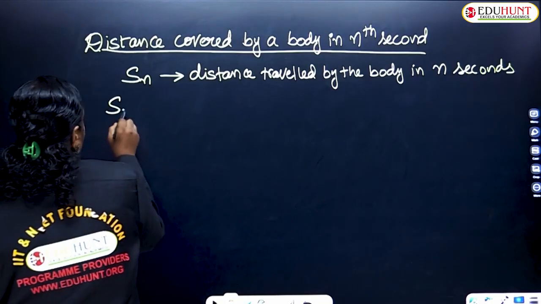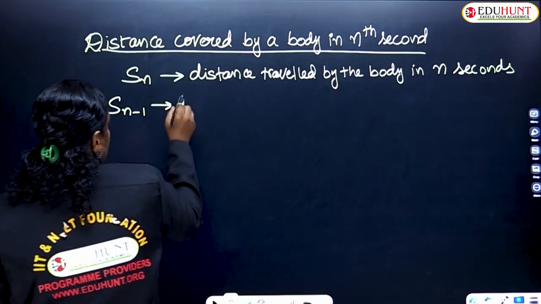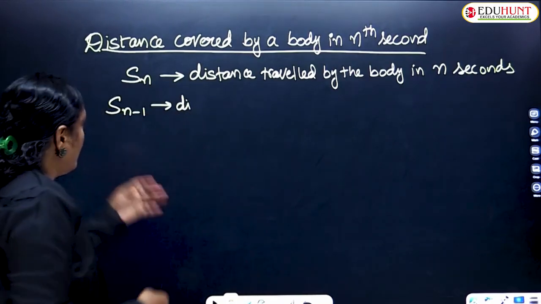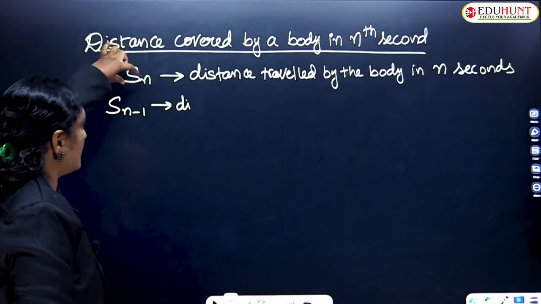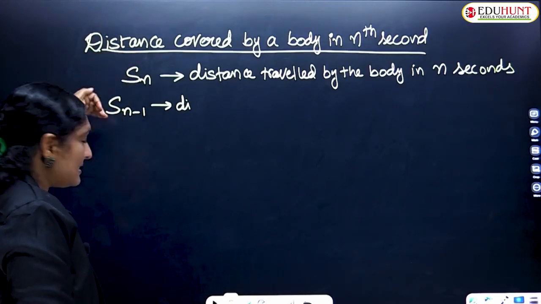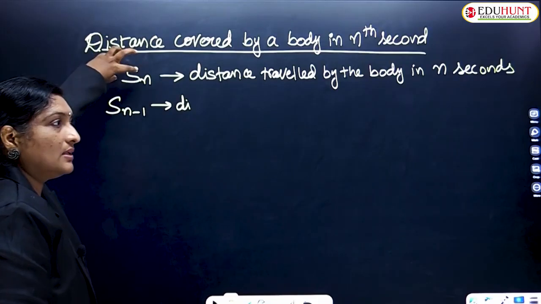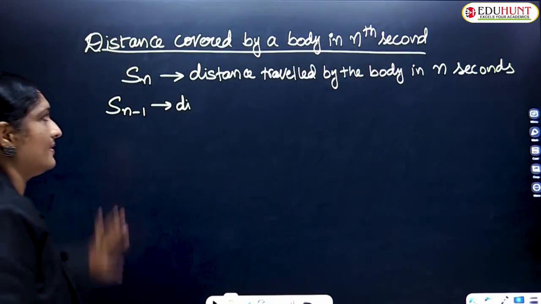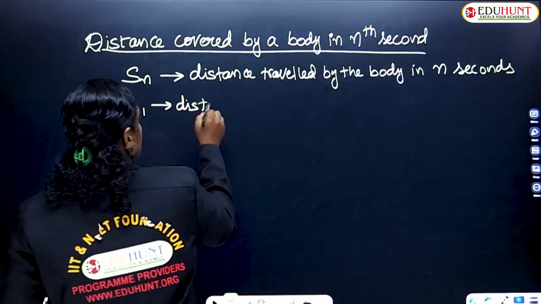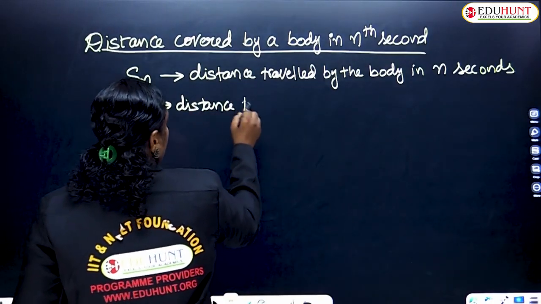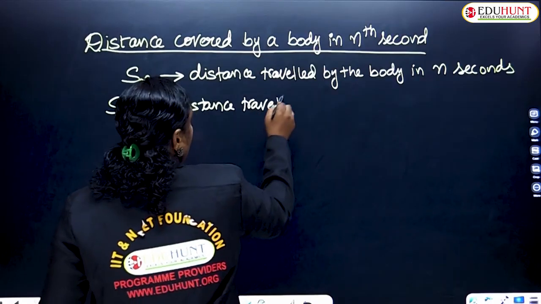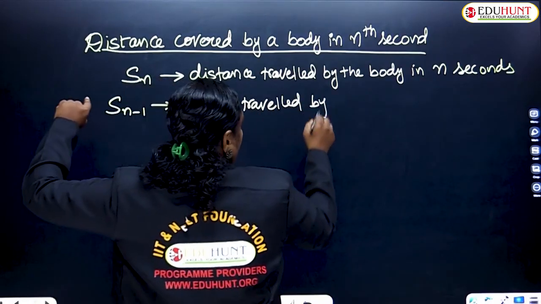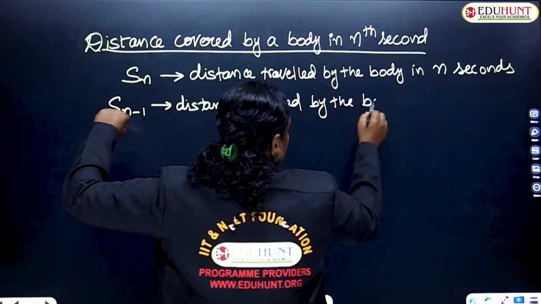And Sn minus 1 is the previous time. Suppose n is 7 seconds, then n minus 1 means 6 seconds. Sn minus 1 is the distance travelled by the body 1 second before that.